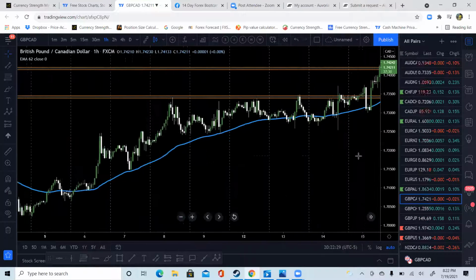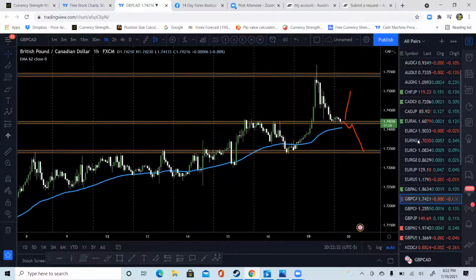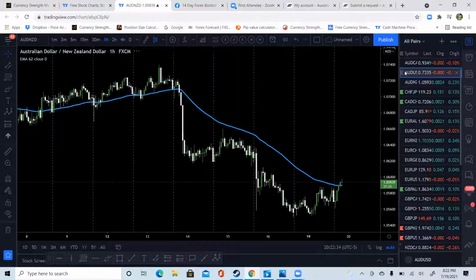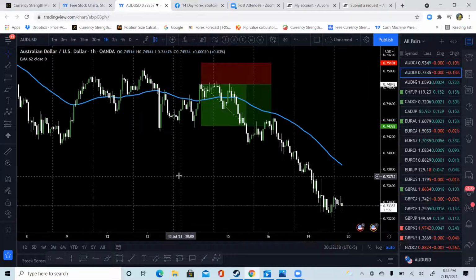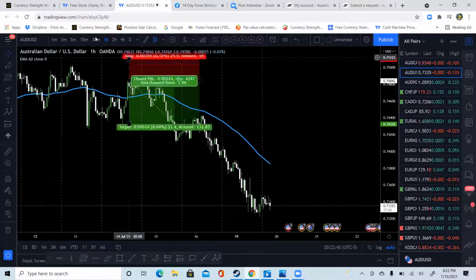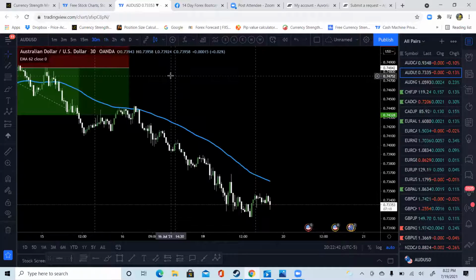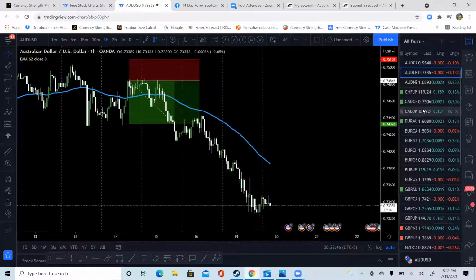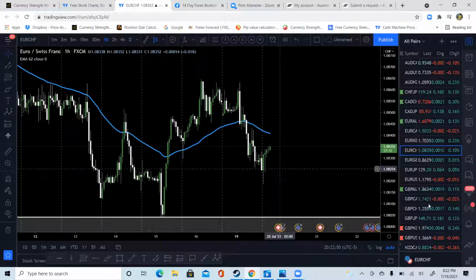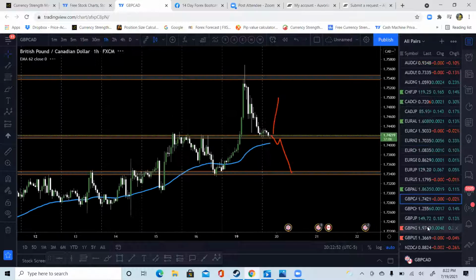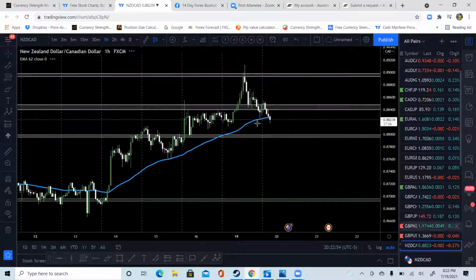So you can literally go chart by chart and look for your next areas. If it doesn't look clear to you on the time frames that you're looking at or where you're looking at, you can go to another chart. So now, let me look for another one that I like.